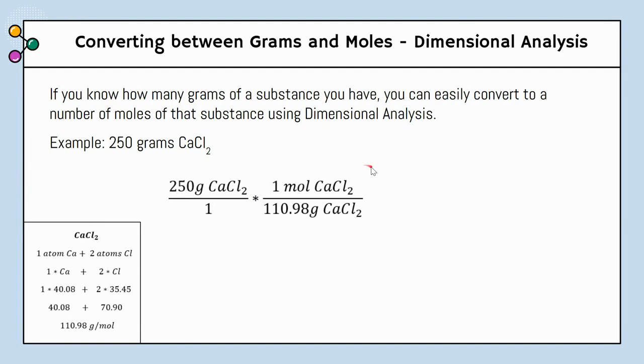That's its weight for every 1 mole. Notice that I set up my grams so that they cancel, and I'm left with moles of my compound, what I'm looking for. I'll multiply my numbers straight across the top and straight across the bottom, divide, and get 2.25, and that final unit is what's left over, moles of calcium chloride.